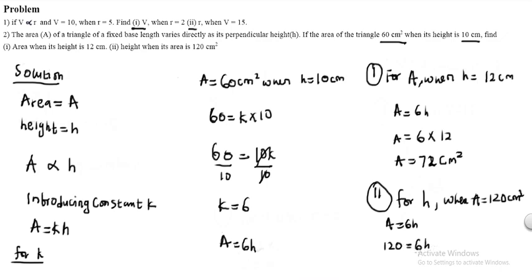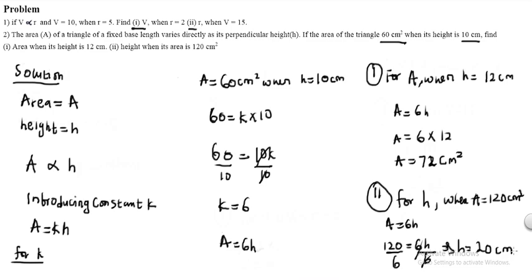If we simplify this and divide both sides by 6, this cancels out this. This will imply that h is equal to 120 divided by 6, which is 20. Now the unit of height from the question is simply centimeter. So we write 20 centimeter.